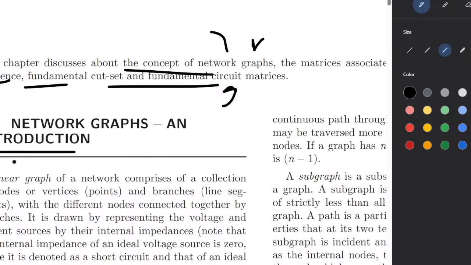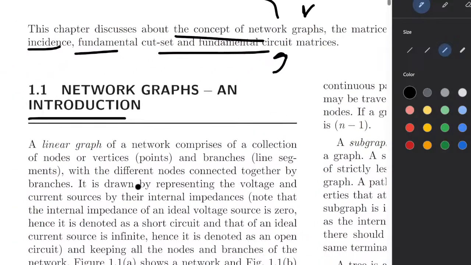So actually, a linear graph, am I audible or not?